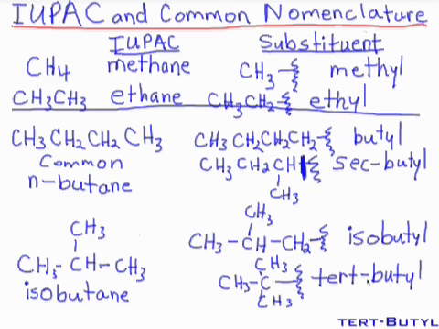Now, what's interesting is what happens when we go to the molecule pentane compared to this. And so I'm going to just clear the board here. And if we do the long chain of pentane, what happens if you pull an H off this straight chain pentane?